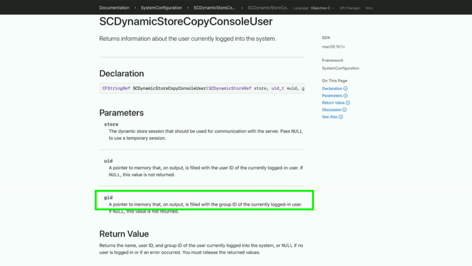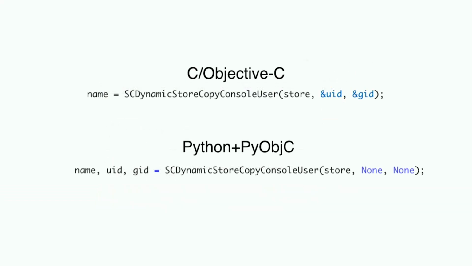Python doesn't deal with memory pointers. So when we convert this type of function call to Python, we have to do it a little differently than we've done so far. So in sample code, you might see something that looks like this. You'll see that ampersand in front of the name of the variable, and that indicates that it's a pointer.